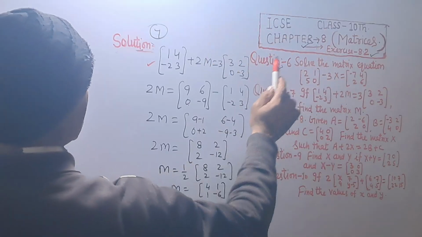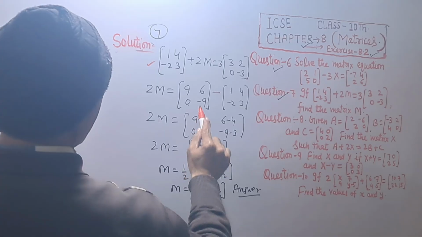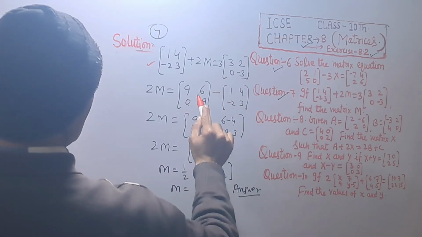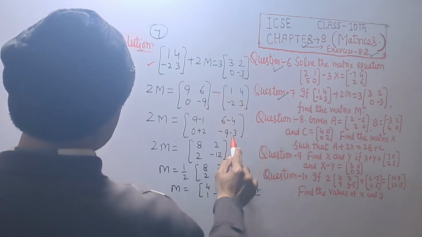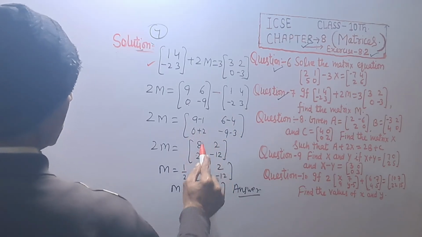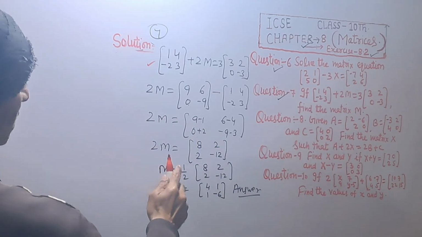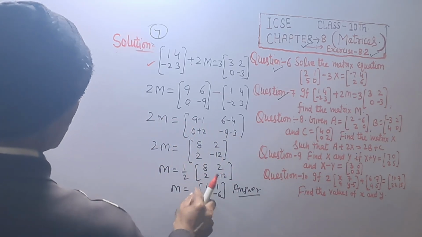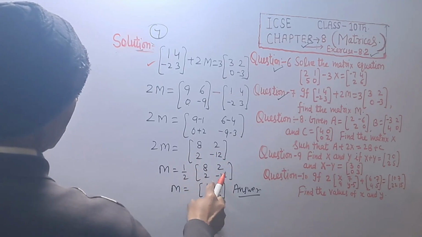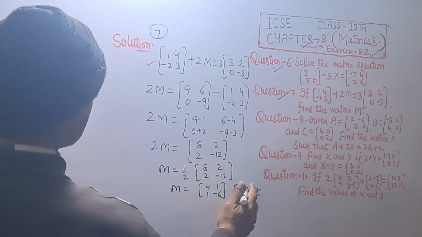We are shifting the left side to the right, so this will be negative: 9 minus 1, 6 minus 4, 0 minus minus is plus 2, and minus 9 minus 3, that is 8, 6 minus 4 is 2, 0 plus 2 is 2, minus 9 minus 3 is minus 12, and the left side is 2m. We find the value of m by dividing by 2: 8 divided by 2 equal to 4, 2 divided by 2 is 1, 2 divided by 2 is 1, minus 12 divided by 2 is equal to minus 6. Answer.